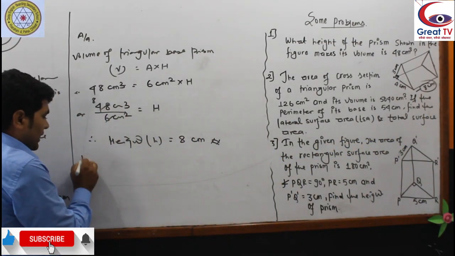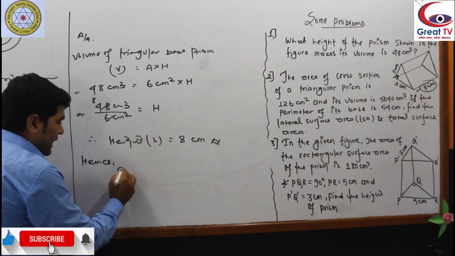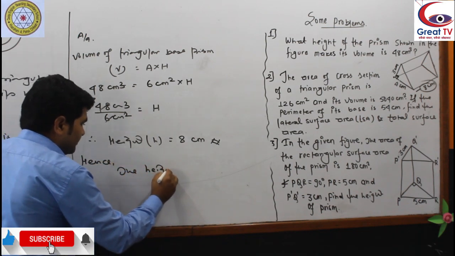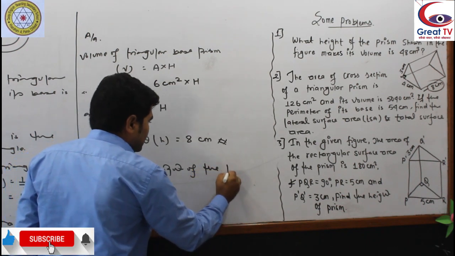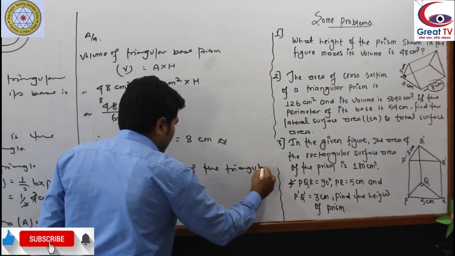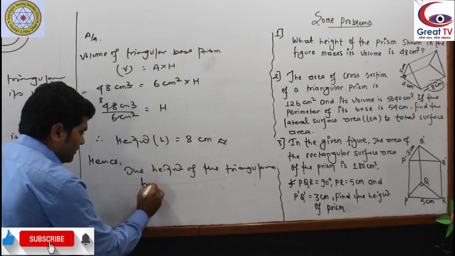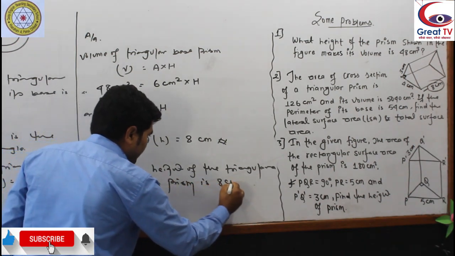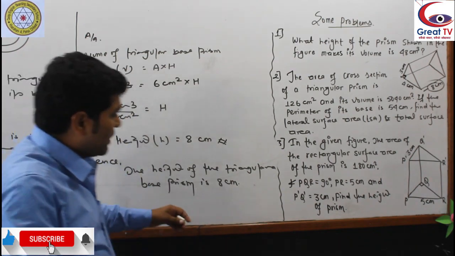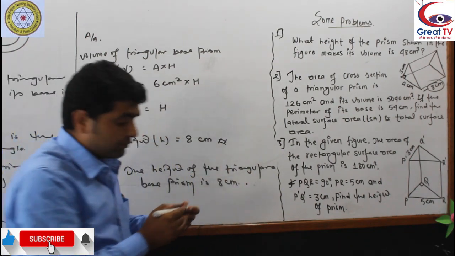Hence the height of the triangular base prism is 8 cm. This one is the solution.